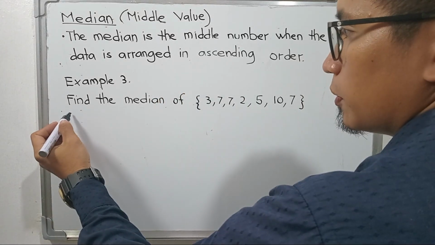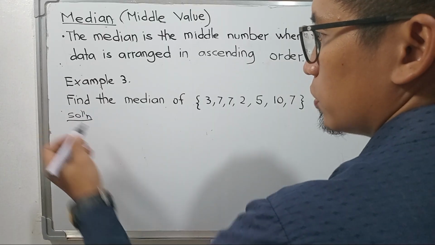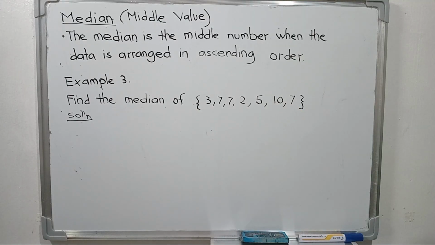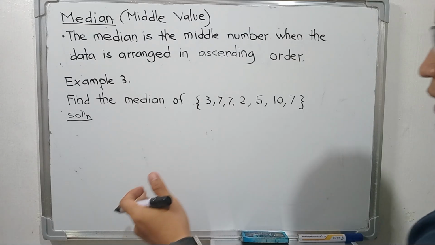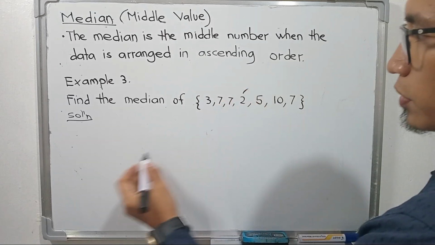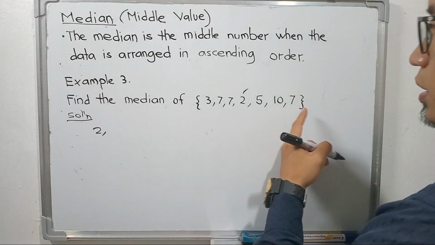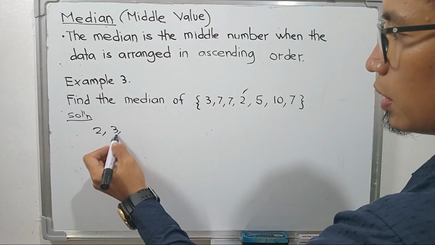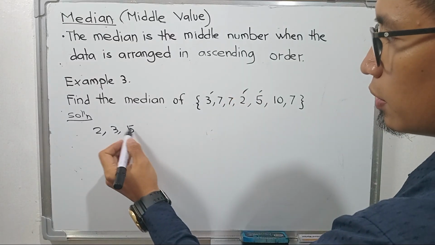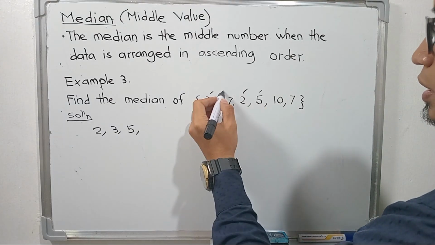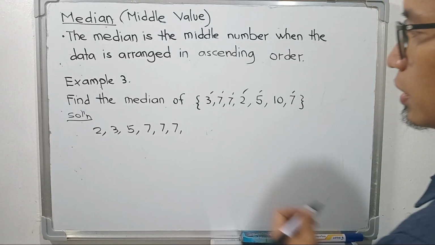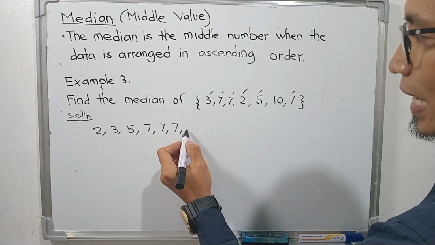For our solution, the first thing that we would do is arrange the values in ascending order. So we will start from the smallest up to the largest. We write first 2, and then next we have 3, and then we have 5, and then 7, and then we have 10.